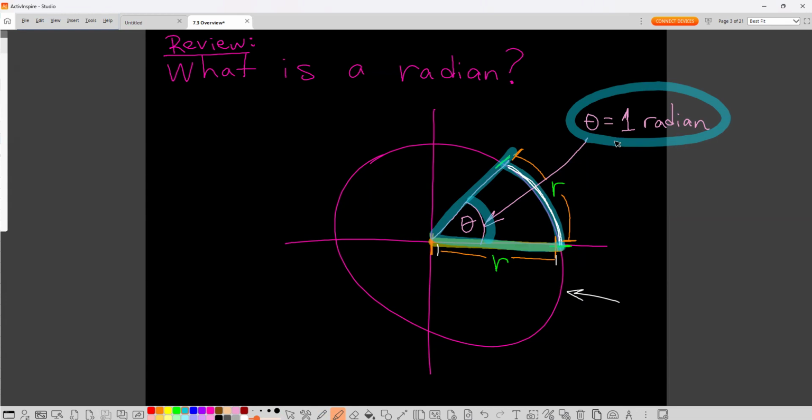Most of you have always heard of 360 degrees. A little side note on that, if you're trying to research why 360, you go way back in time, they picked 360 because it was divisible by so many nice numbers. 2 goes in there, 3 goes in there, 4 goes in there, 5 goes in there, 6 goes in there, 9 goes in there, 12 or 10 goes in there.